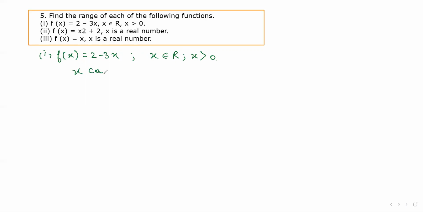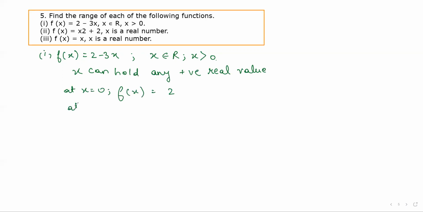X can hold any positive real value. Now the smallest positive real value of x is 0. So at x is equals to 0, f of x is equals to 2. At x is equals to 1, f of x is equals to minus 1.